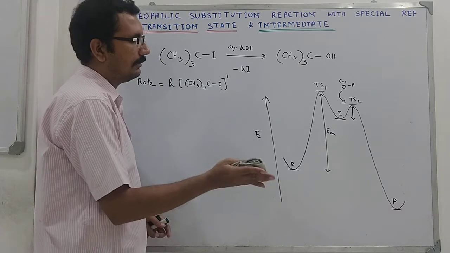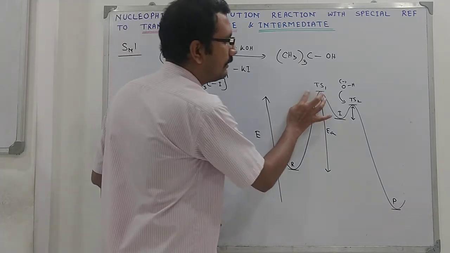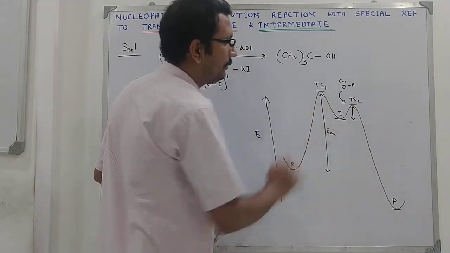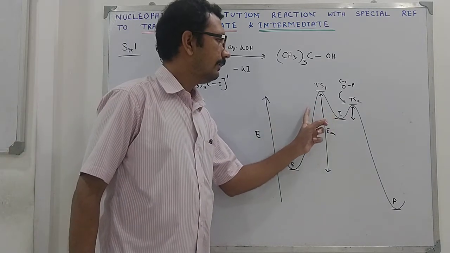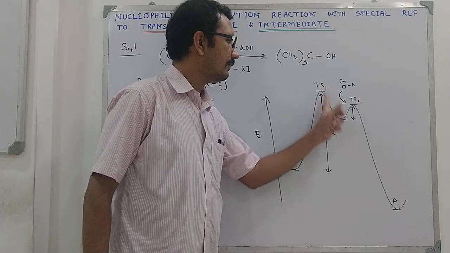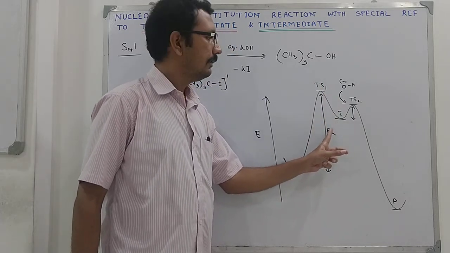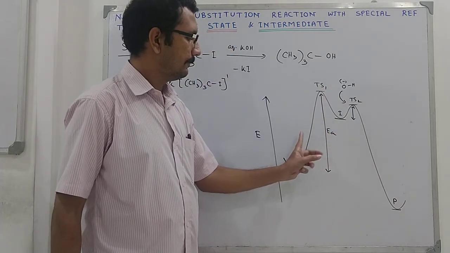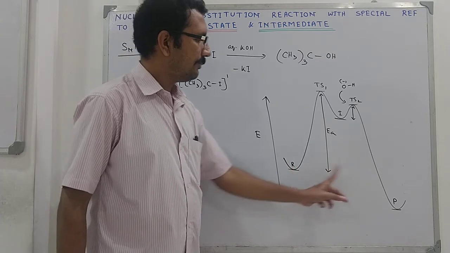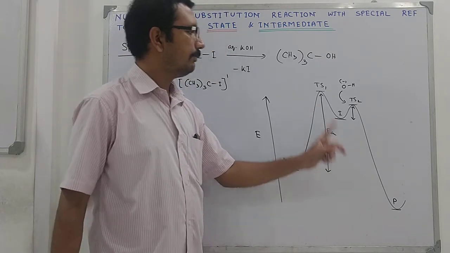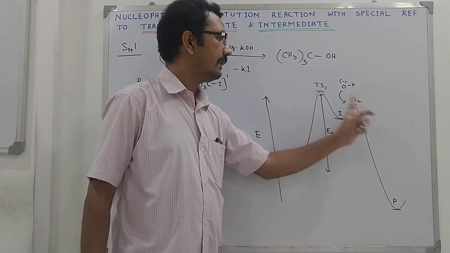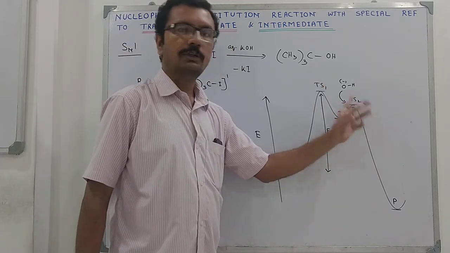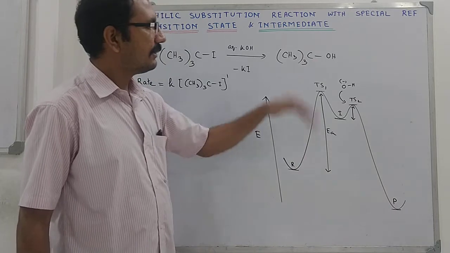Now here is the difference. You see the transition states also have a parabolic potential, but they are with an inverse parabolic potential. You see the similarities. This reactant, product and intermediate all are with parabolic potentials, but these transition states, both 1 and 2, are with the inverse parabolic potential.